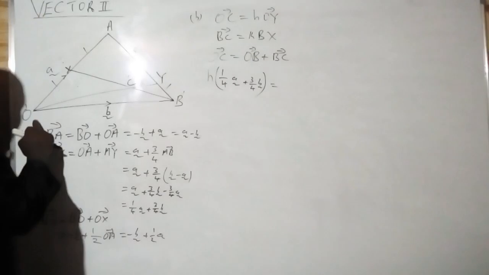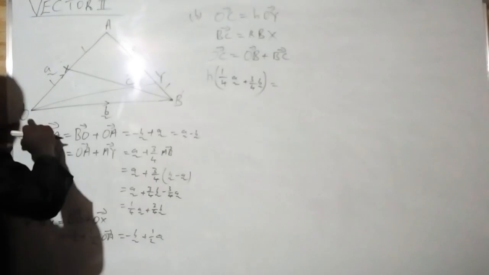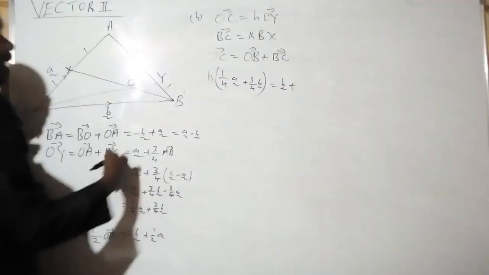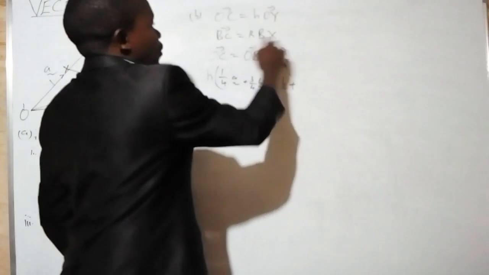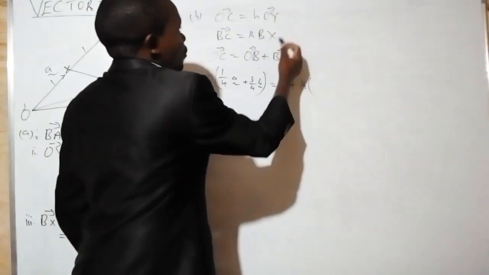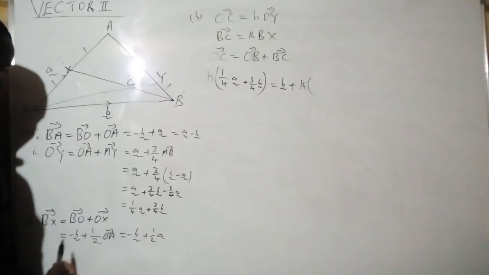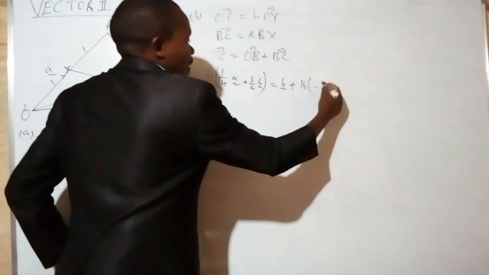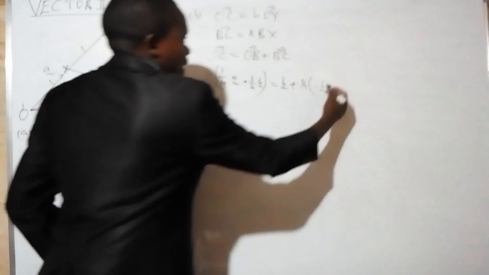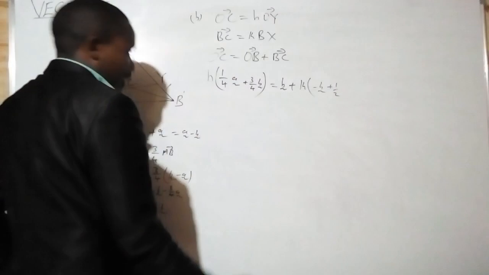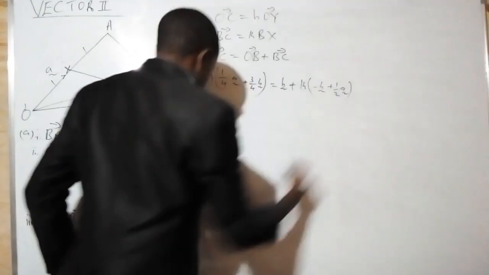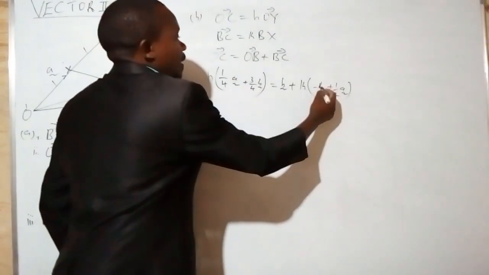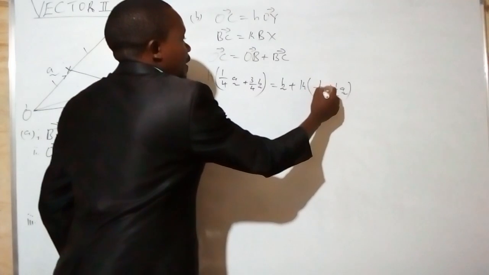OB is positive vector B, plus BC. BC, you've been told it's K of BX. You open the bracket because you had computed the value of BX. It's here. We start with the negative vector B plus a half vector A.